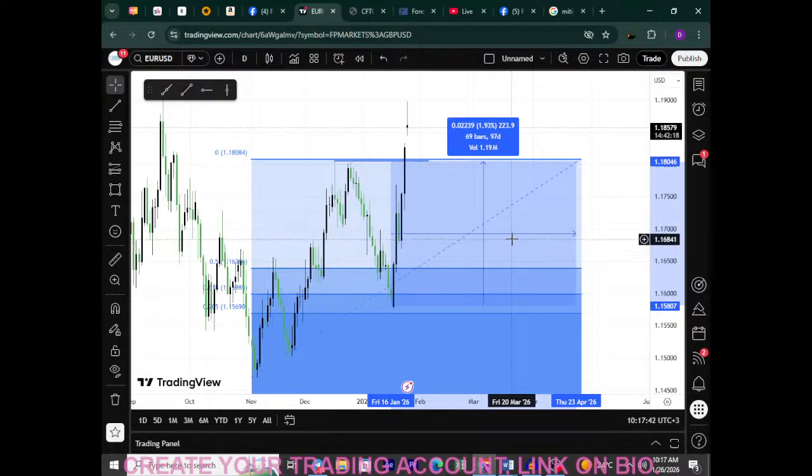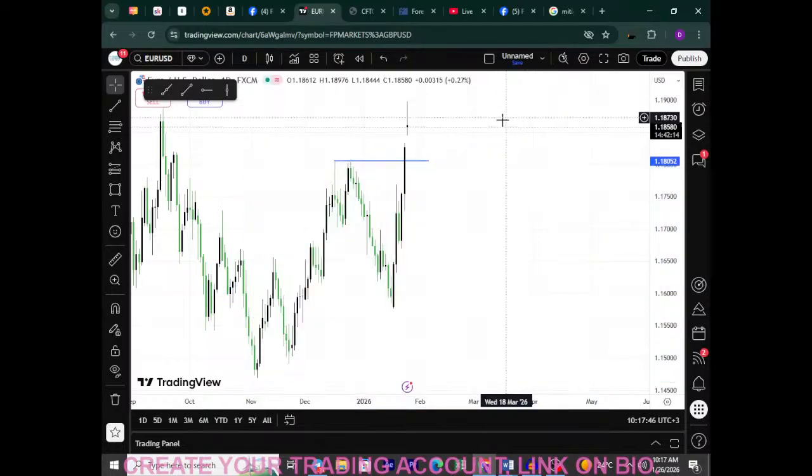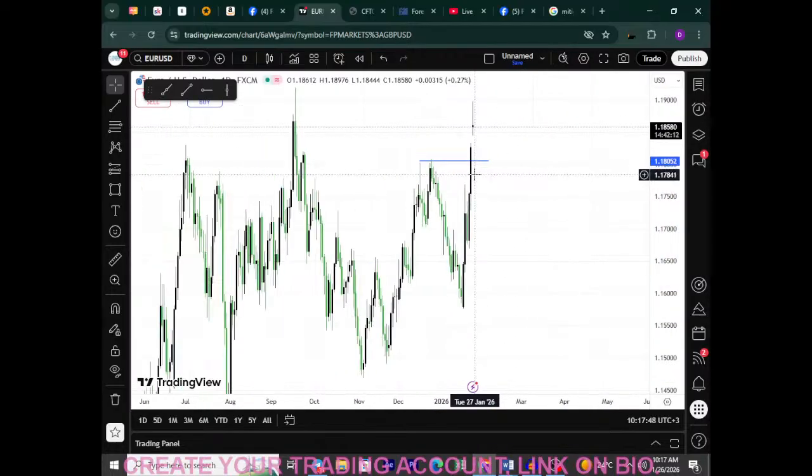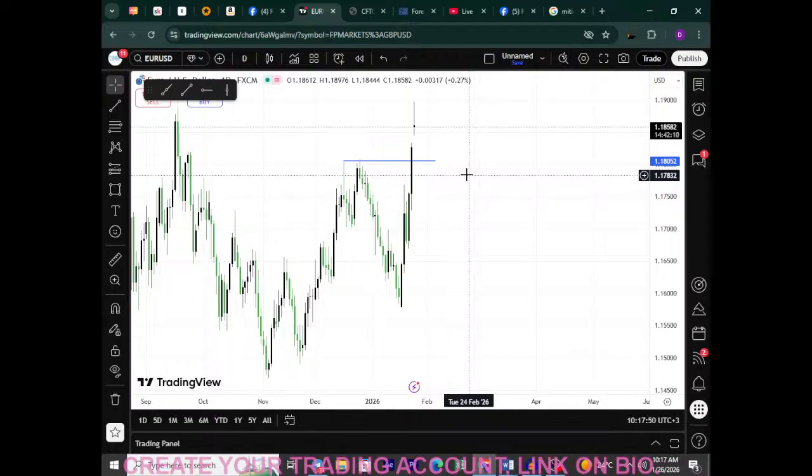So where do we see this pair going? So the first is to highlight this significant high. So the highest high was on 26th December.